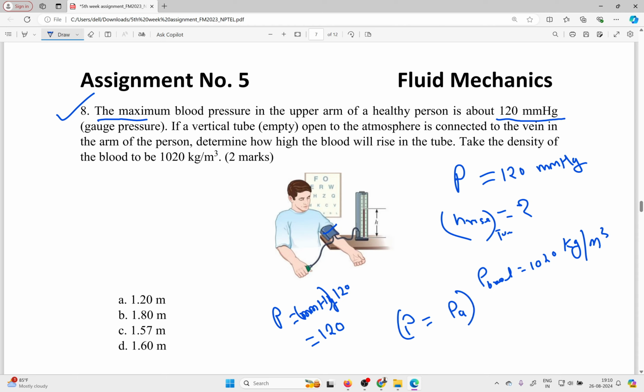After converting to Pascal, your pressure will be equal to rho of blood into g into the height. So you will calculate the height from the pressure equals rho g z. With this concept you can very easily calculate.